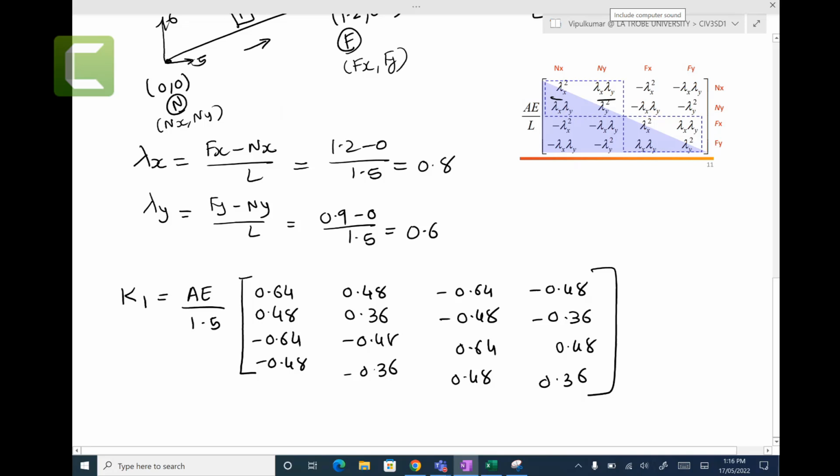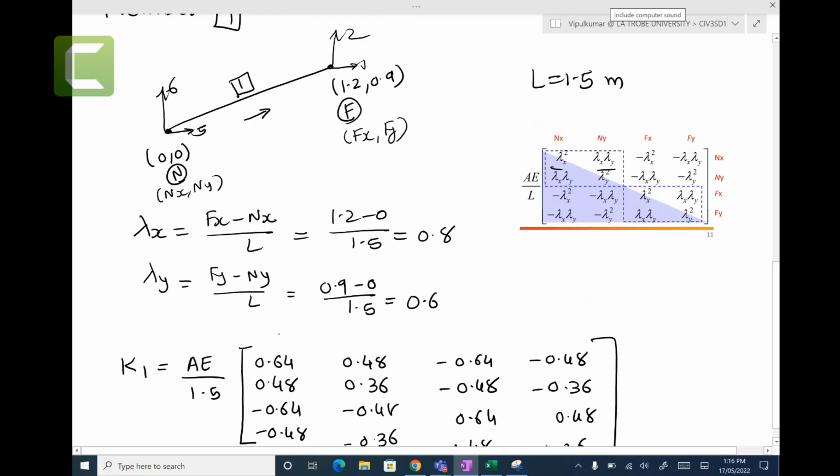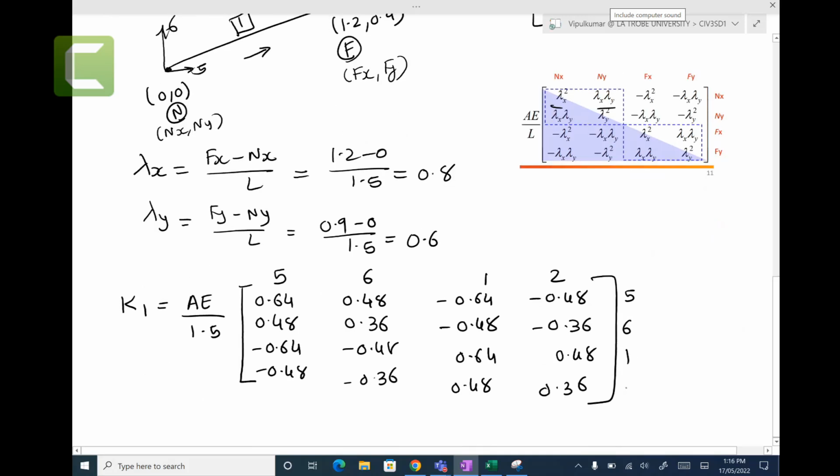It's a symmetric matrix, so you never get it wrong. The numbering we're going to use is 5 6 1 2, 5 6 1 2: near node X, near node Y, far node X, far node Y. Any questions?